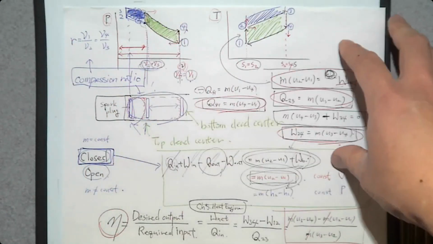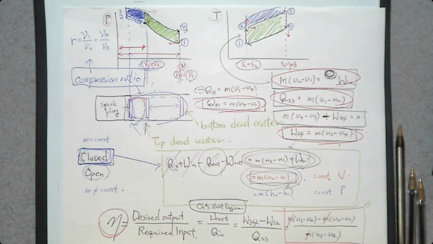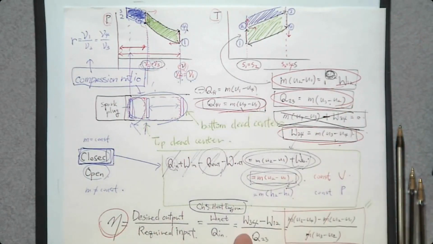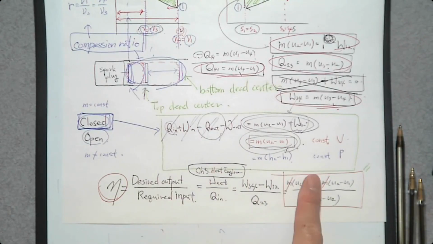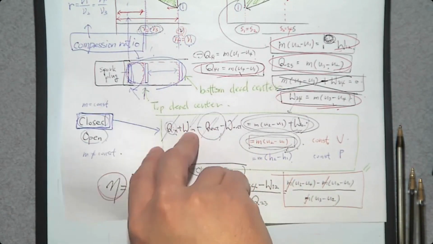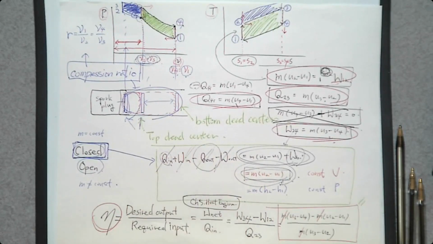Based on that, we came up with these four energy balance equations, 1, 2, 3, 4. And based on that, we calculated the thermal efficiency that also consists of U1, U2, U3, U4. And finally, there's one parameter which is related to the performance of this Otto cycle, that is the compression ratio, which can be determined by that equation.